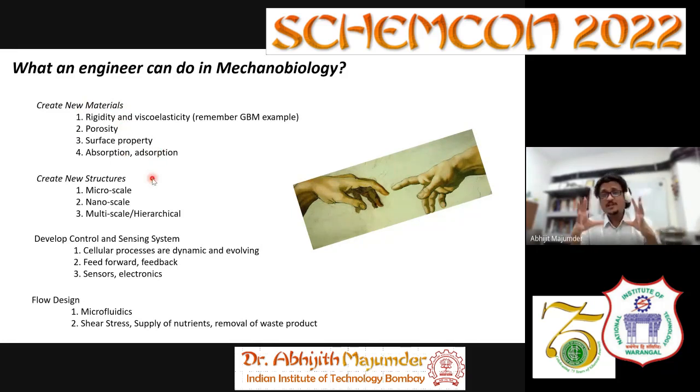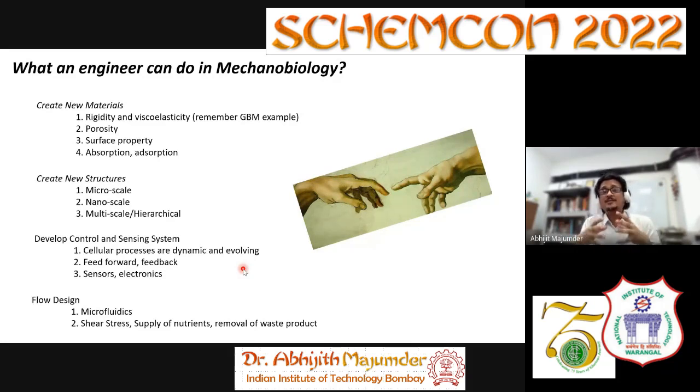We can create new structures mimicking the body through microfabrication and nanofabrication, or sometimes creating multi-scale hierarchical patterns. We can develop sensing systems, so that we can do the experiment and get feedback, and have a feedback loop to change the system. And as I have already mentioned, the shear coming from fluid flow can influence cell behavior.